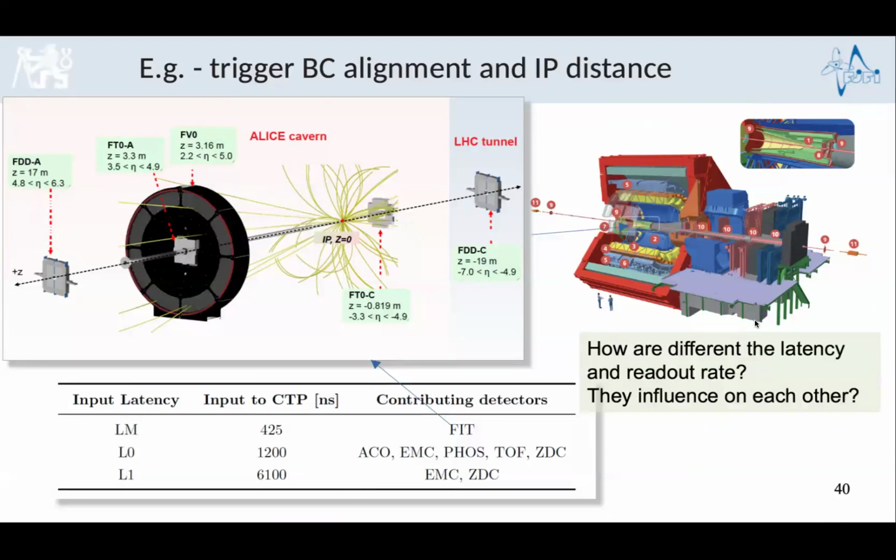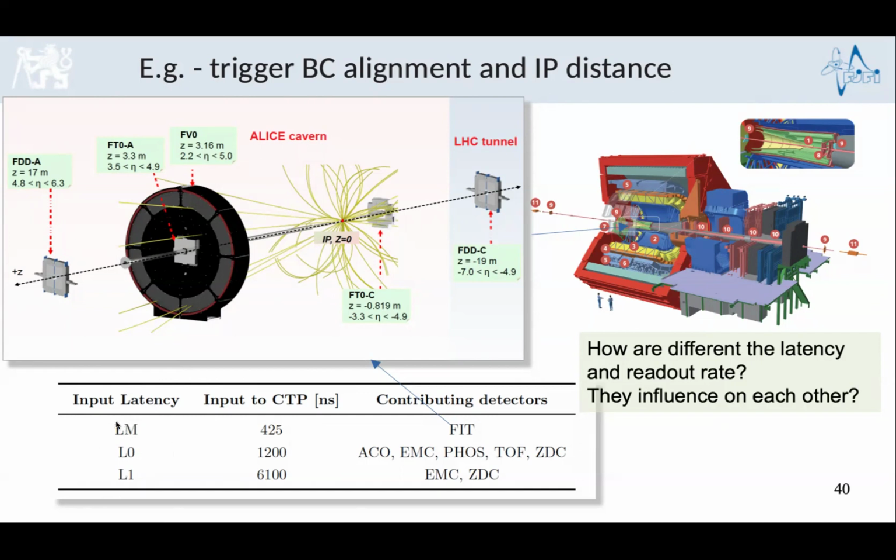Okay, more examples with ALICE detectors. Again, this is an example of the first level interaction or trigger system or trigger detector of ALICE. The first thing that I want you to see is the levels of trigger that ALICE is requiring.